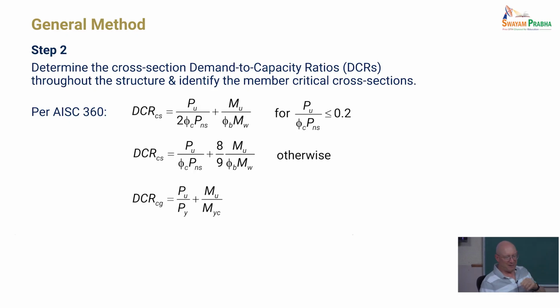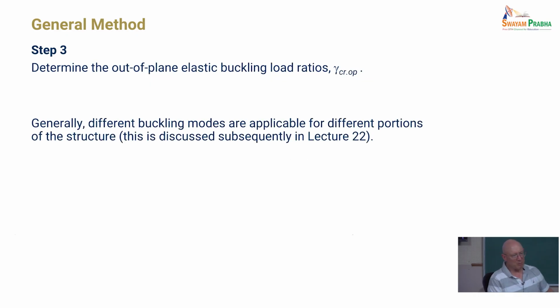Now, in the calculation of the non-dimensional slenderness of the member, we need a gross cross-section DCR, so that's the bottom here, DCR CG, G for gross. So that's step 2. Step 3, we determine our elastic buckling load ratios for out of plane. Generally different buckling modes are applicable for different portions of the structure, and Balint is going to discuss in a subsequent lecture how we deal with that.